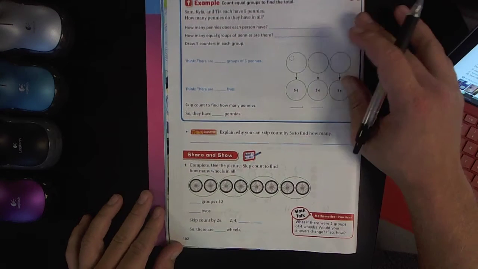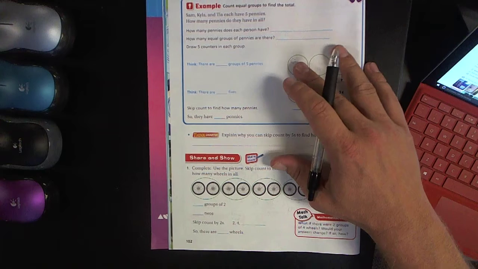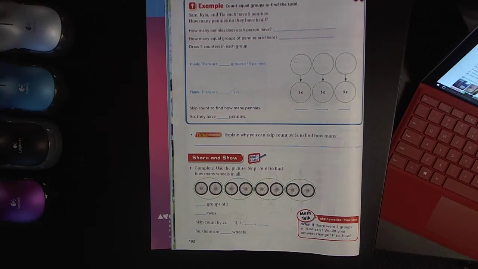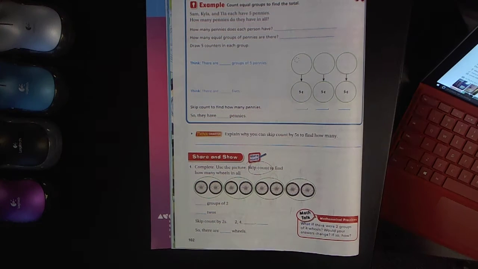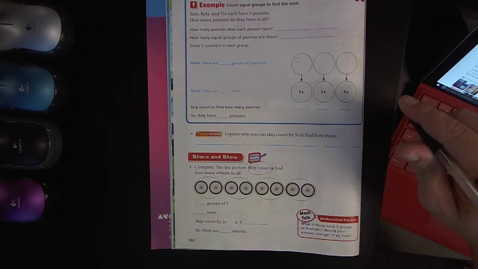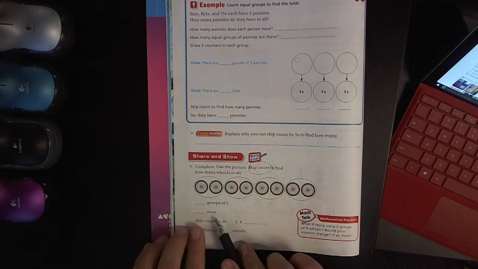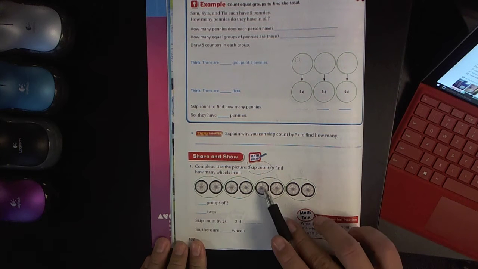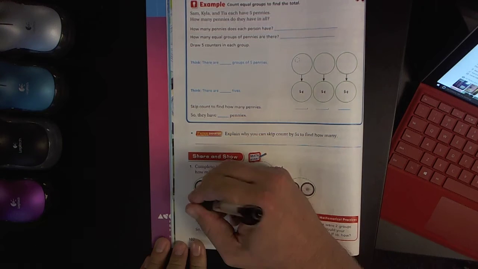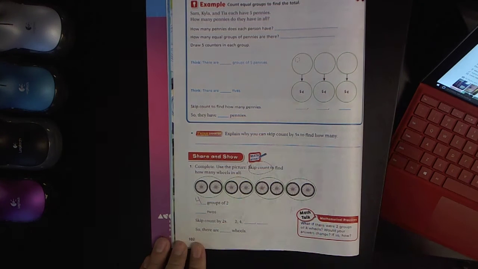So let's look at number 1 here on page 102. Complete. Use the picture. Skip count, and I'll tell you what that means right now, to find how many wheels in all. Blank groups of 2. Well, we have 1, 2, 3, 4 groups of 2.